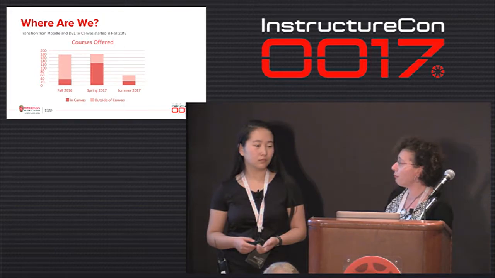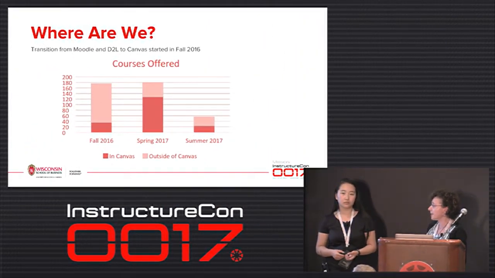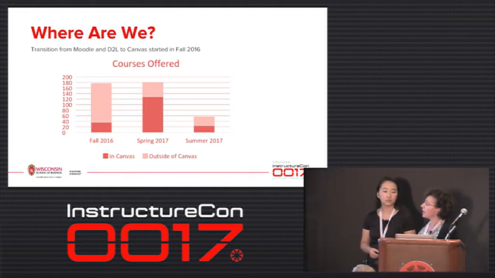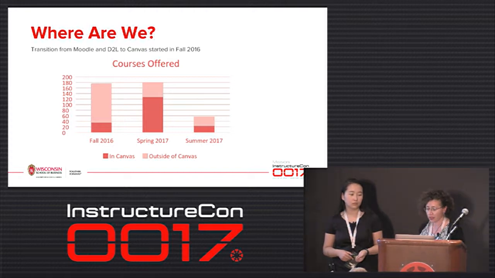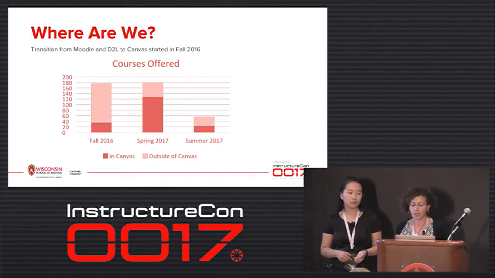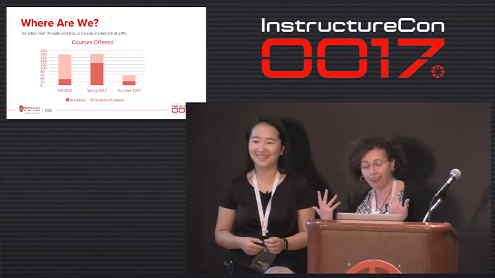Where are we? As I said before, we started our transition in the fall of 2016. We have about 200 unique curricula offered during the fall semester, and our target was to move about 25% of our users. Those 25% were basically innovators, some early adopters, some volunteers, some who were forced to volunteer by someone.